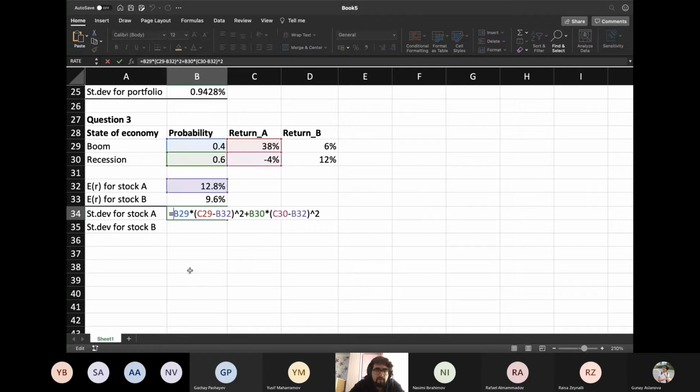It is variance, so therefore we should take the square root of it with the SQRT formula.